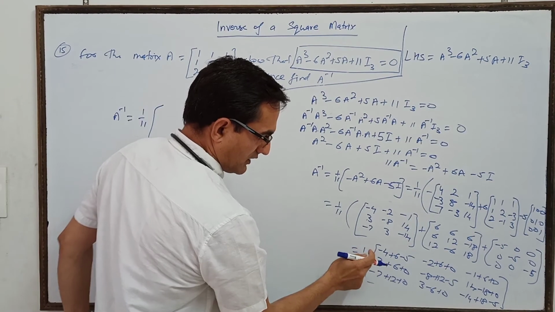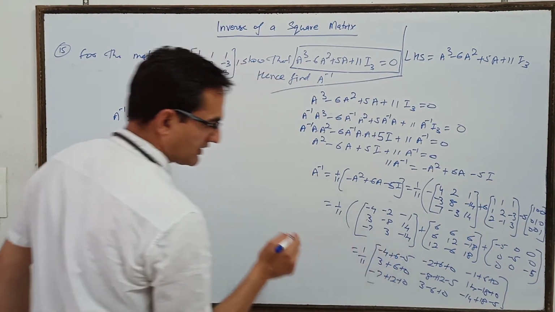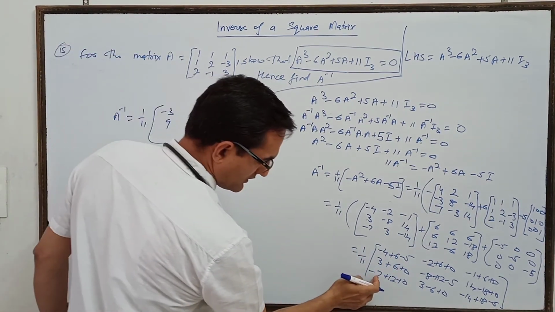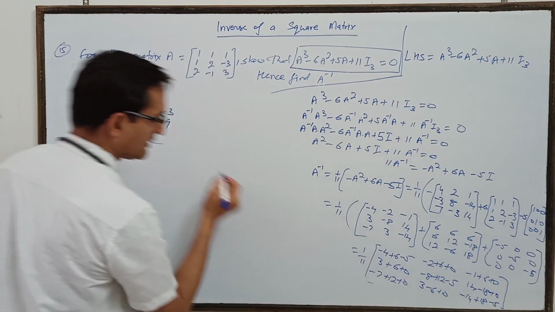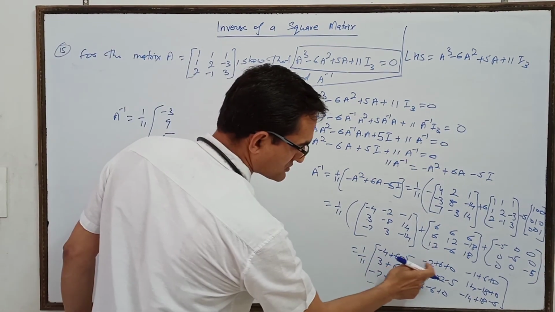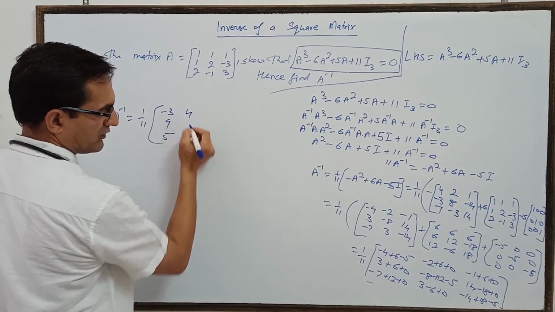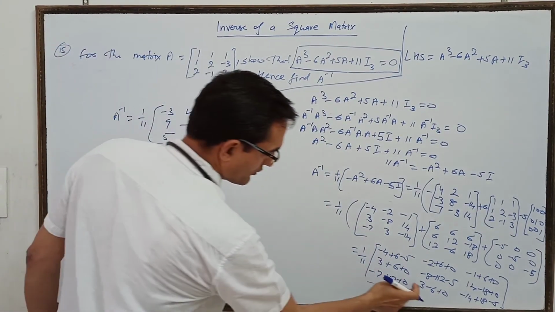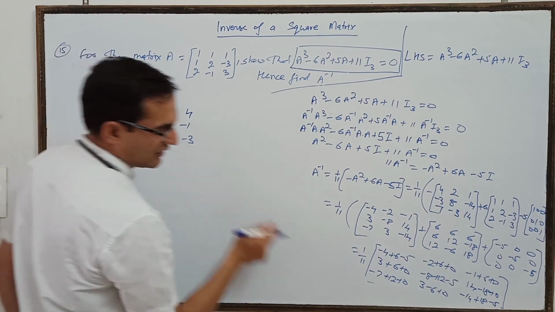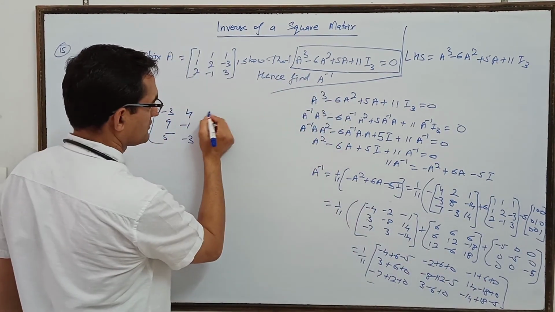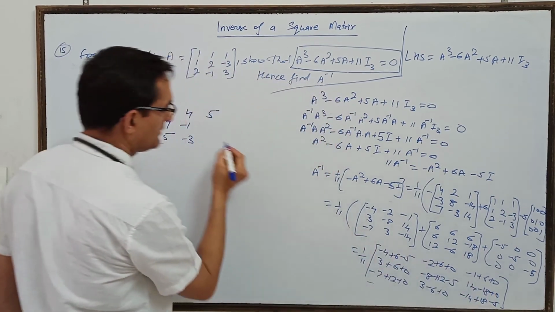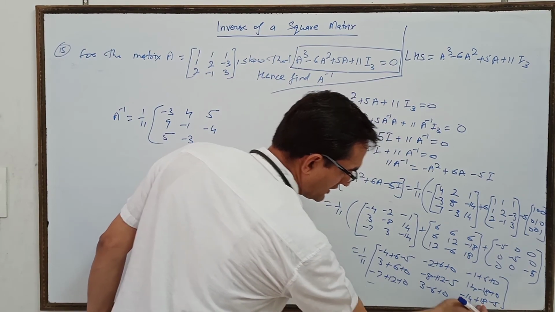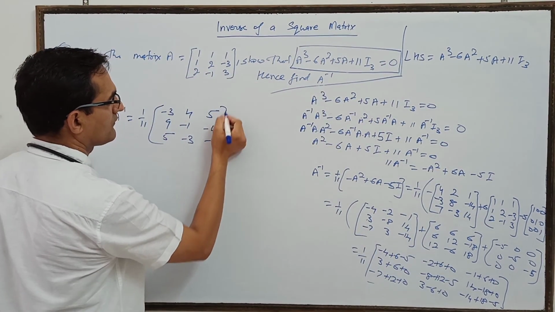Simplify them. Now minus 4, minus 5, minus 9 plus 6, minus 3. 3 plus 6, 9. Minus 7 plus 12 plus 5. Now minus 2 plus 6 plus 4, and minus 8 minus 5 minus 13 plus 12 minus 1, and 3 minus 6 minus 3, and minus 1 plus 6, this is 5. 14 minus 18 minus 4, and minus 14 minus 5 minus 19 plus 18 minus 1.